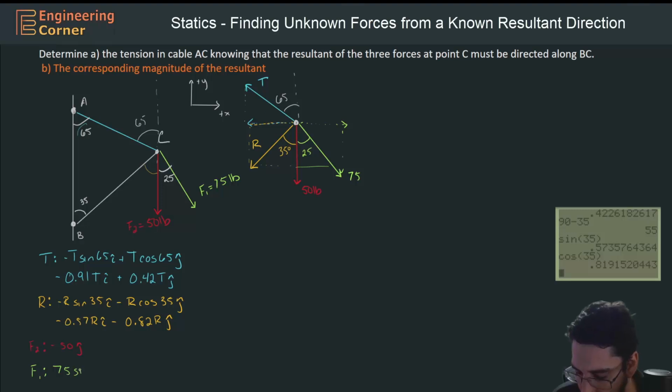So sine of 25i minus 75 times the cosine of 25j. Let's calculate this.